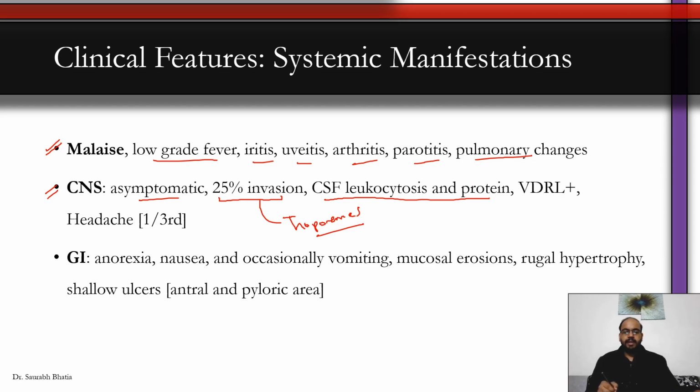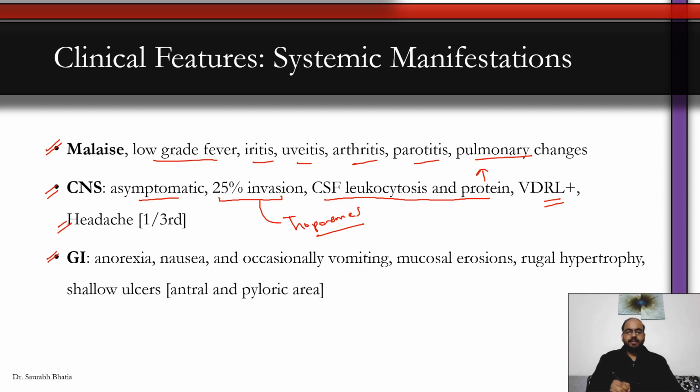Let me say it again. It presents as CSF leukocytosis and increased protein, and the CSF VDRL will be positive. So even if the serum VDRL is negative, if a person has invasion of CSF, the CSF VDRL will be positive. One third of the patients complained of diffuse headache when there is involvement of the CNS in syphilis.